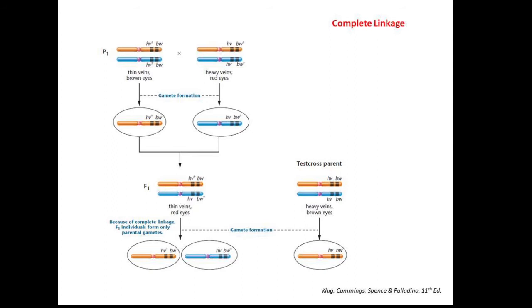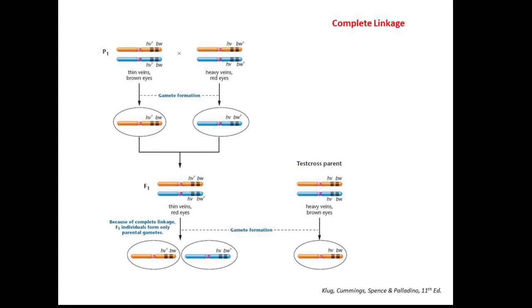In the parental conformation P1, these two genes are present side by side on the same chromosome, shown as two black bands, HV and BW. HV plus means wild type, BW plus means wild type, showing the wild type feature.